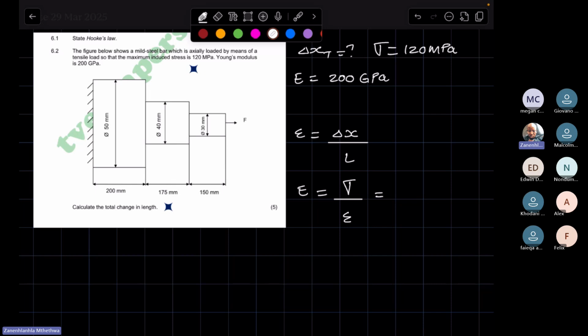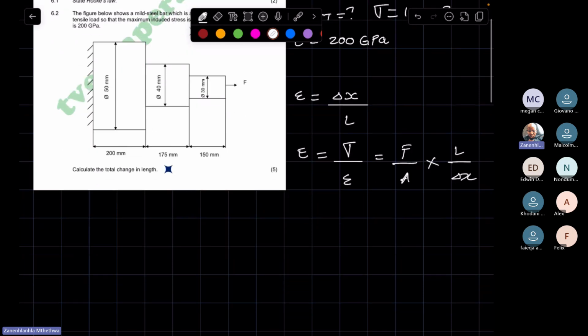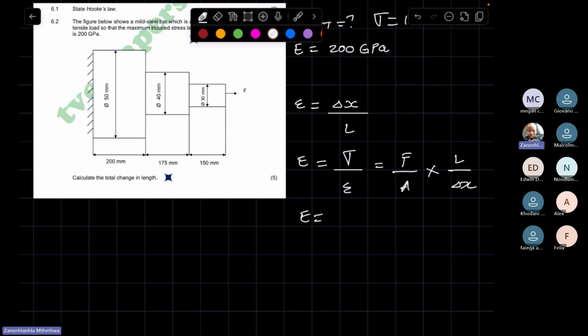Direct stress is force over the area, and direct strain is change in x over L. Changing the division sign to a multiplication sign, we get the inverse, meaning that here you will have L over change in x. So essentially we can use E equals F times L divided by cross-sectional area times the change in length.